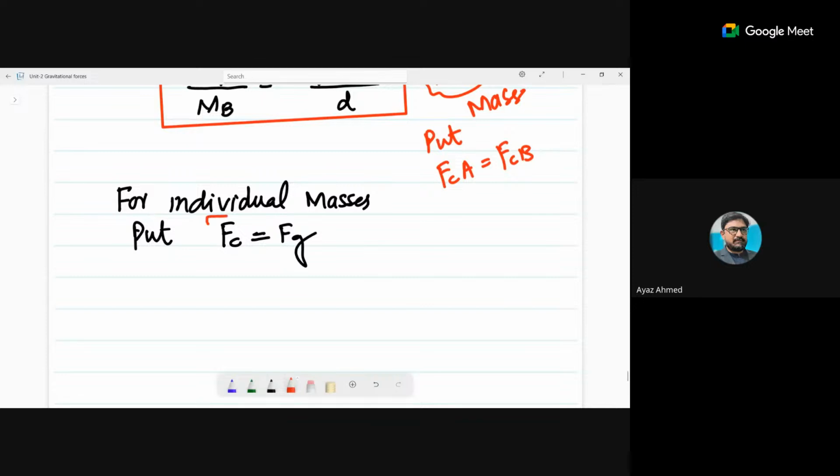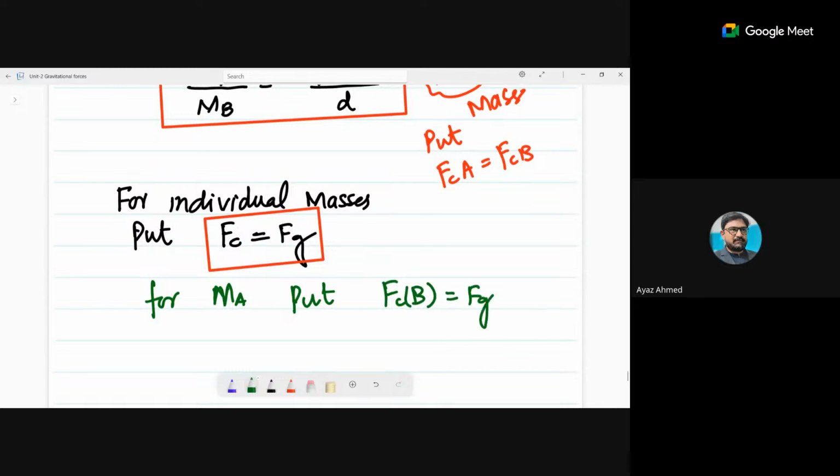But there is a condition, and that condition is very important. If you want to find the mass of A, what will you do? Put Fc of B equals to Fg.